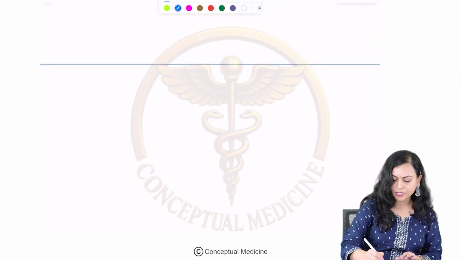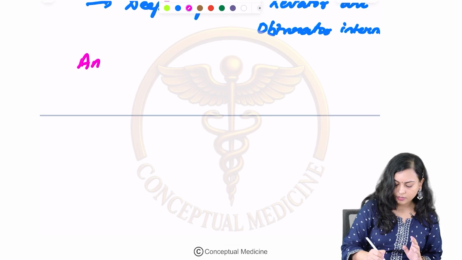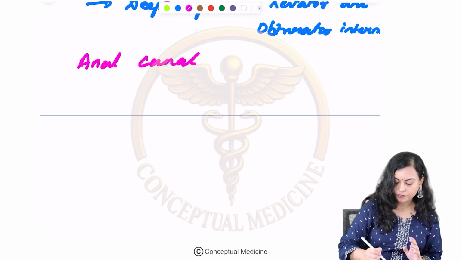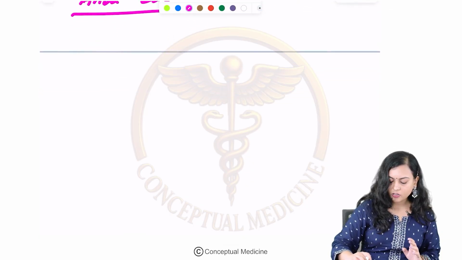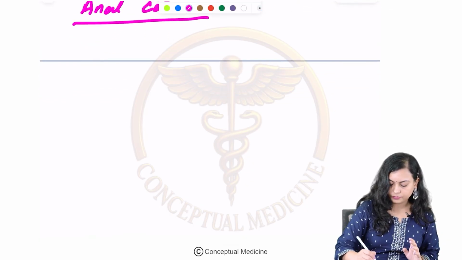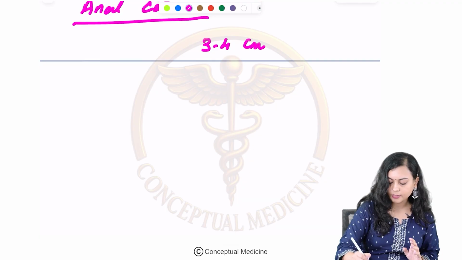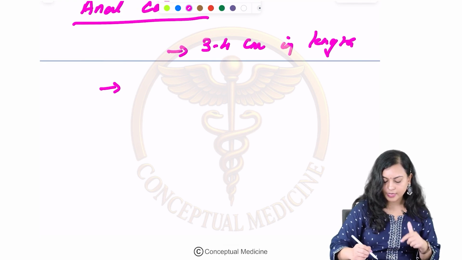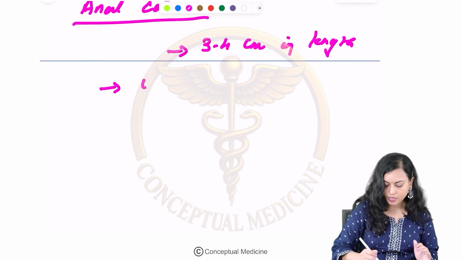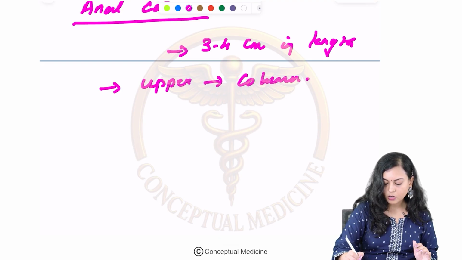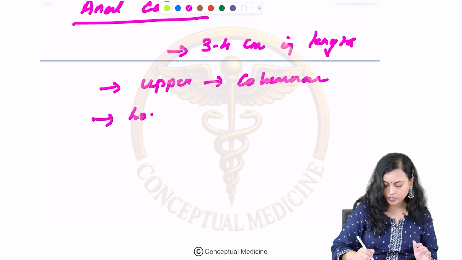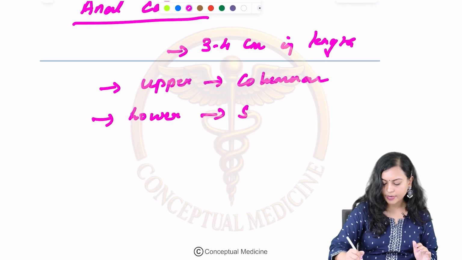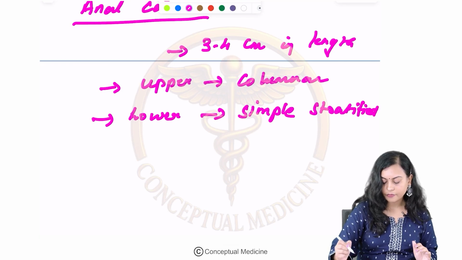Okay, coming to the anal canal. See, anal canal is 3 to 4 centimeter in length. Only the lining you have to know. The uppermost part of the anal canal is lined by columnar epithelium, whereas the lower portion is lined by simple stratified epithelium.